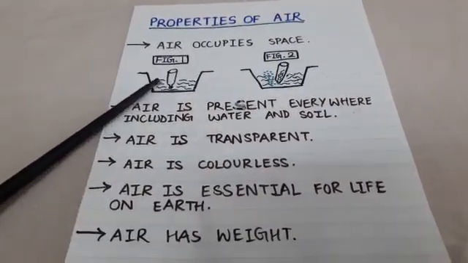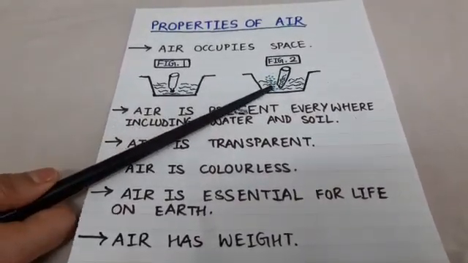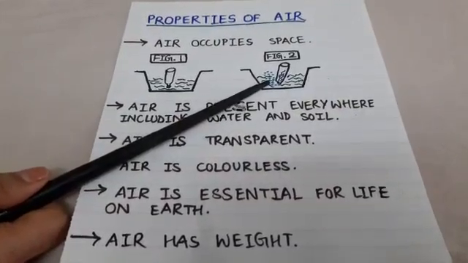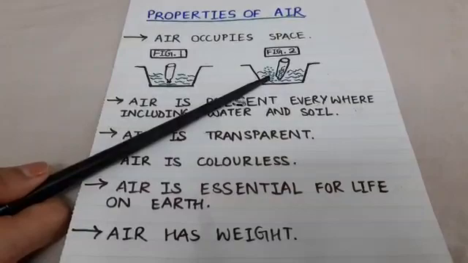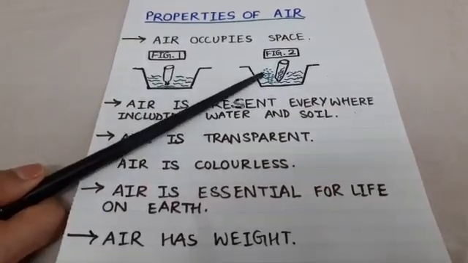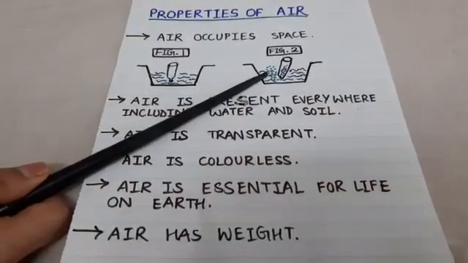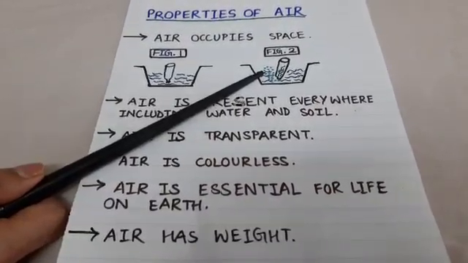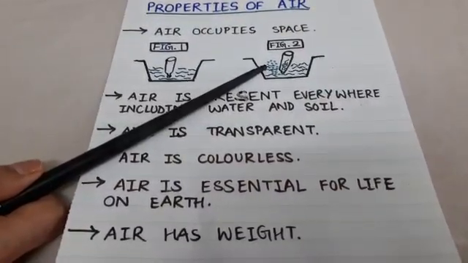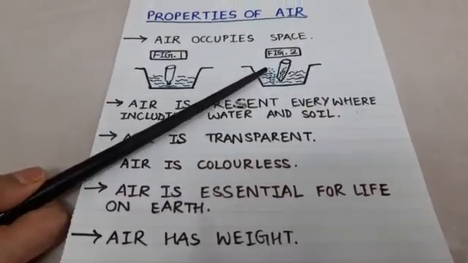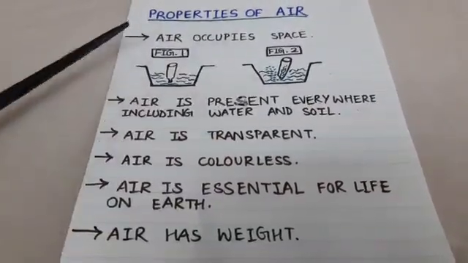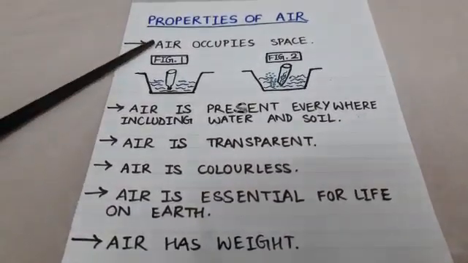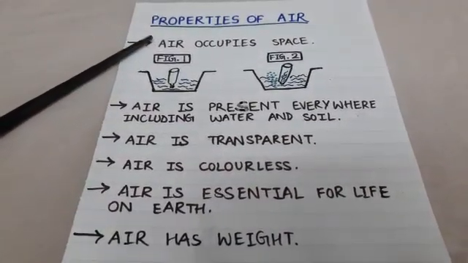When the bottle was tilted, the air was able to come out in the form of bubbles, and water filled up the empty space that the air had occupied. This activity shows that air occupies space.